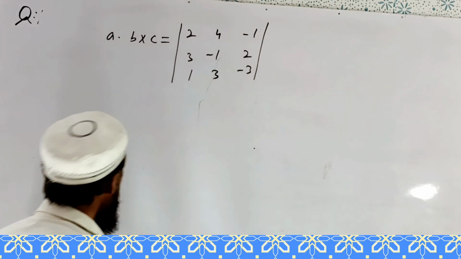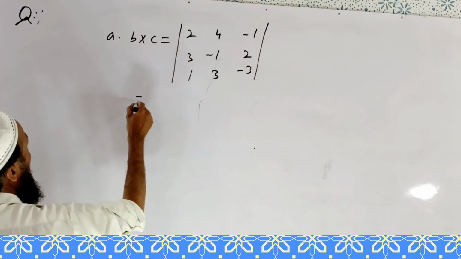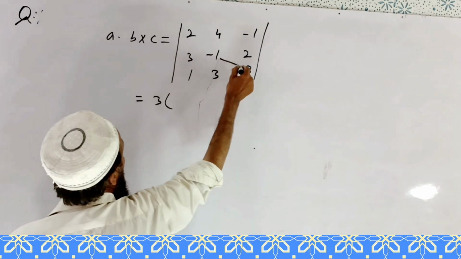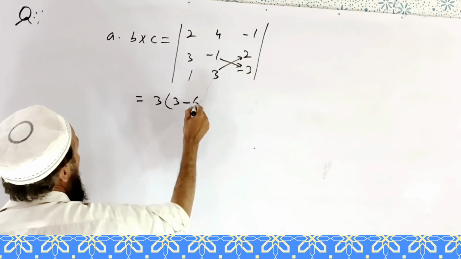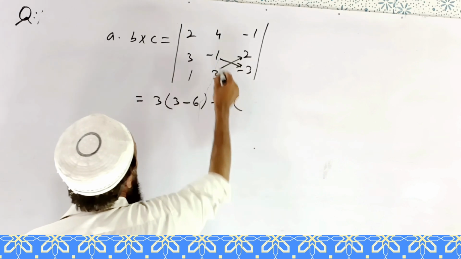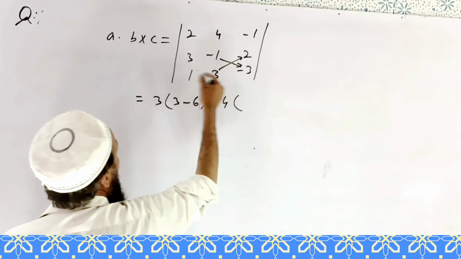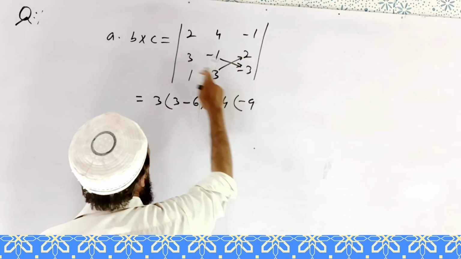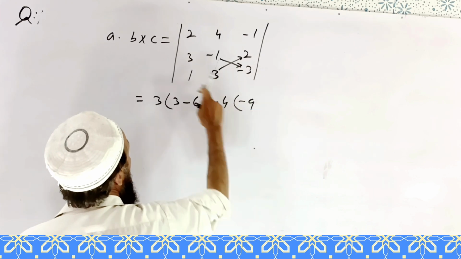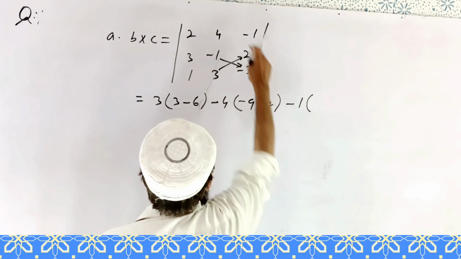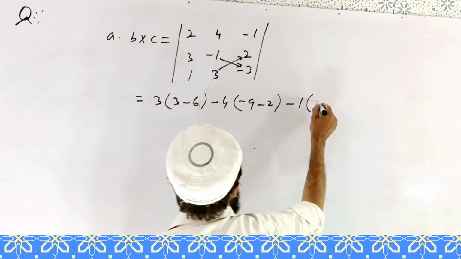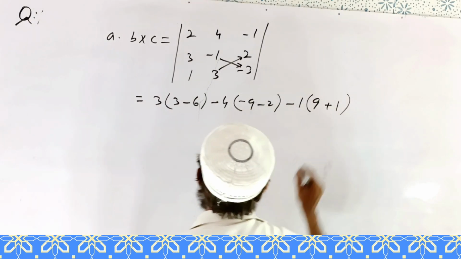So what is the result? Expanding by the first row, 3 times the cross product of the remaining minors.